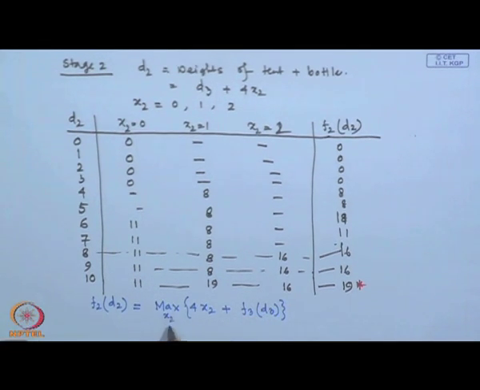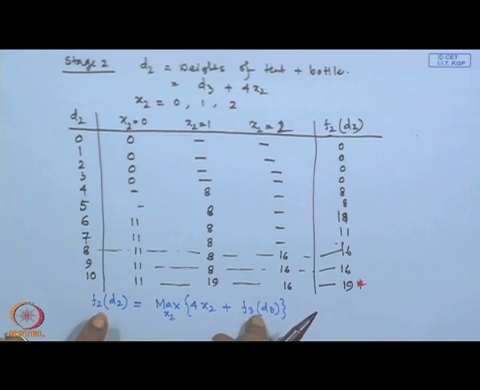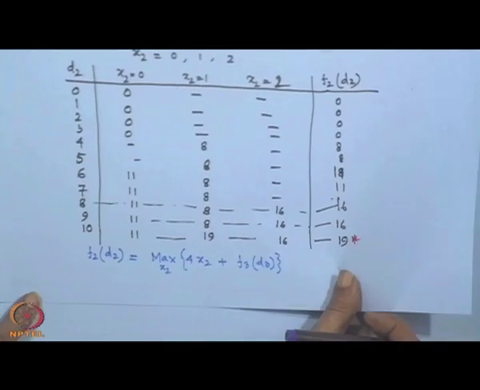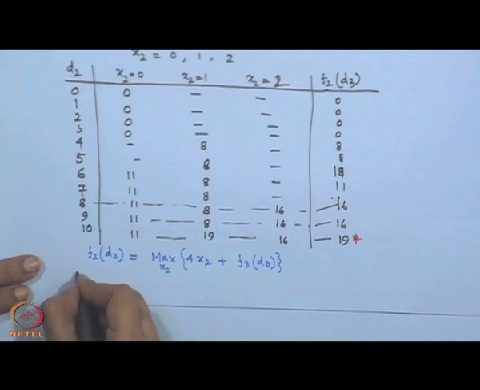And over x2 could be 0 or 1 or 2, maximum value is coming 8, plus F3 D3, just now we have calculated that was 11. That is why we can say that this could be the relationship between the previous stage objective function and the current stage objective function. Here we will see later on that we can develop a nice result from here.